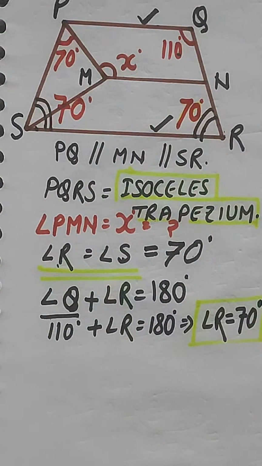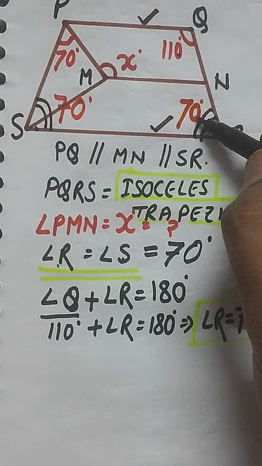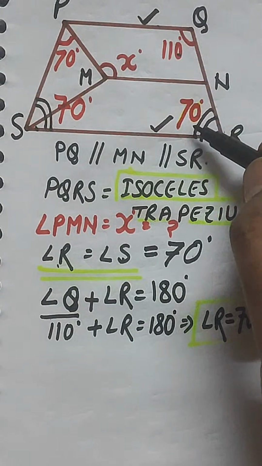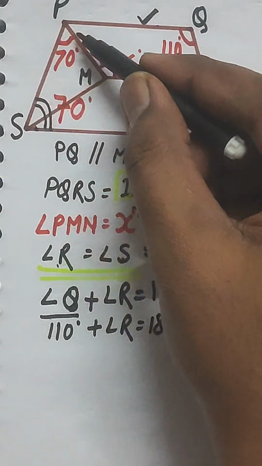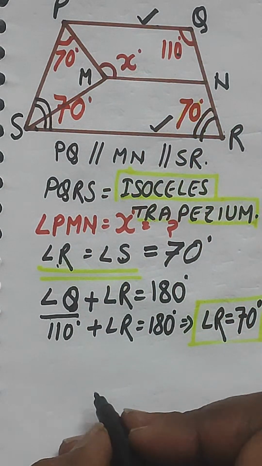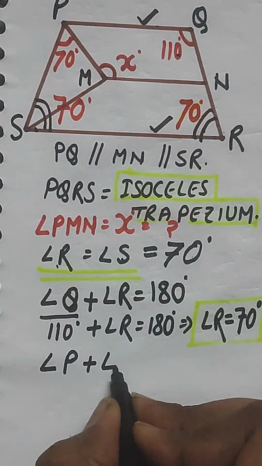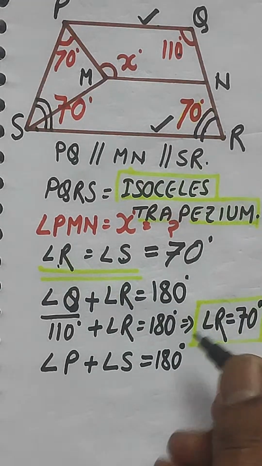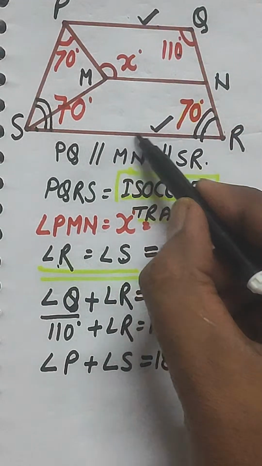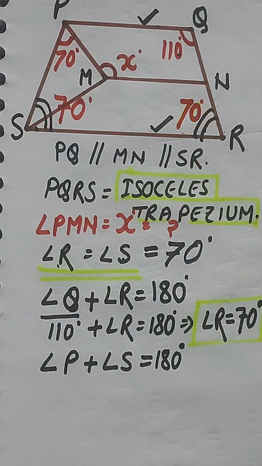Now, as 110 plus 70, the sum of co-interior angles is 180. Similarly, angle S and angle P will also form co-interior angles. The sum of these will also be equal to 180 degree, because PQ is parallel to SR and PS will be acting as a transversal, right?